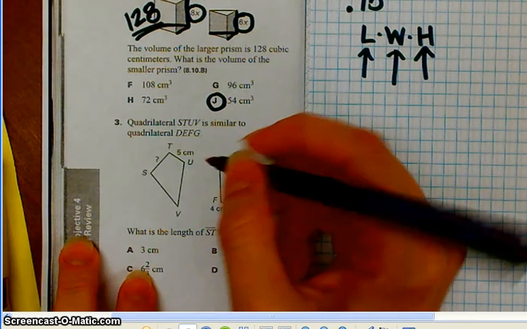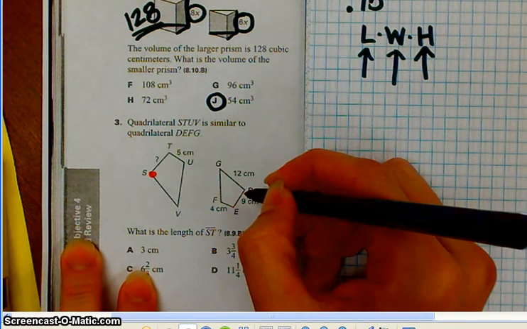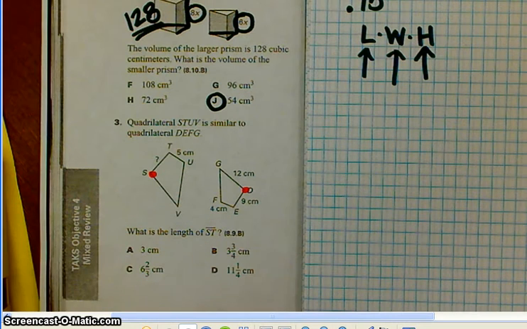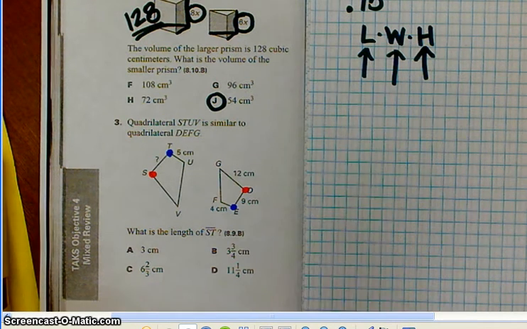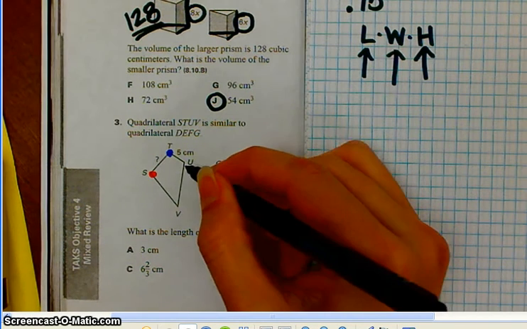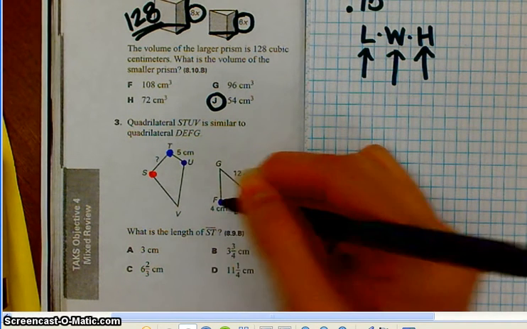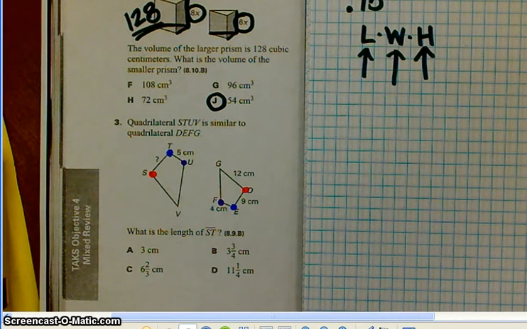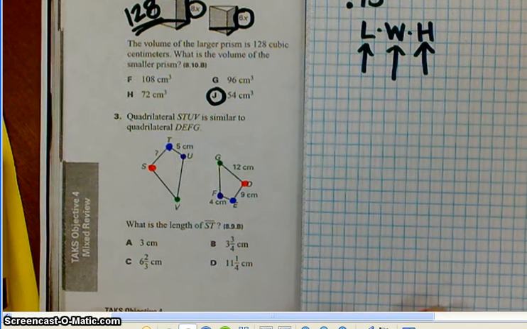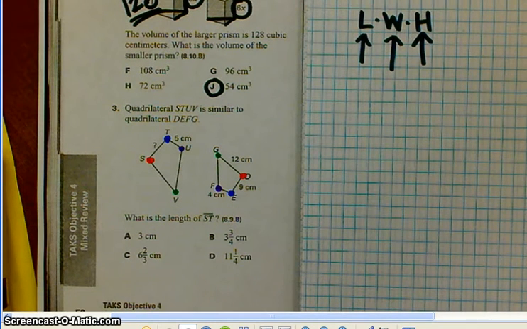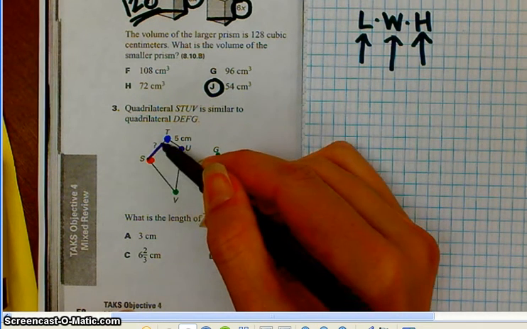So S corresponds to D. T corresponds to E. U corresponds to F. V corresponds to G. Okay? And they want to know what is the length of ST. They want to know this right here.